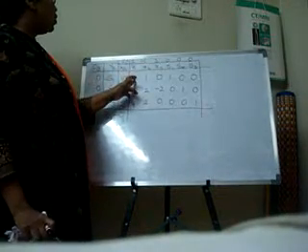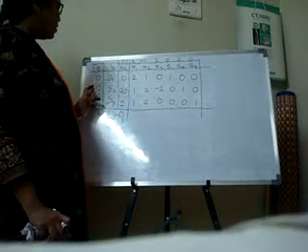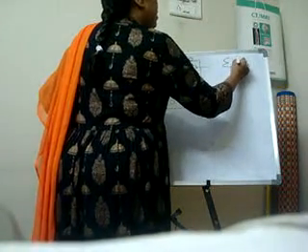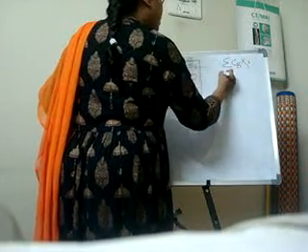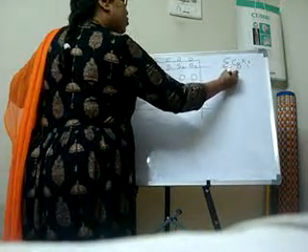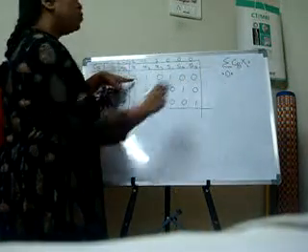What is Zj? Cb into Xi, plus summation Cb into Xi. How will it be? What is Cb here? 0, into Xi, put 1, x1.